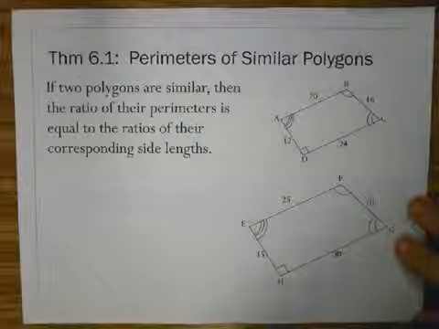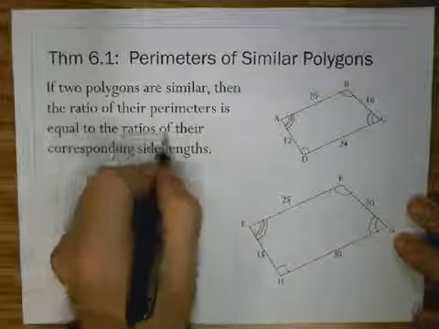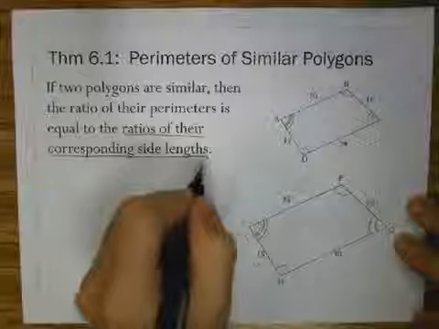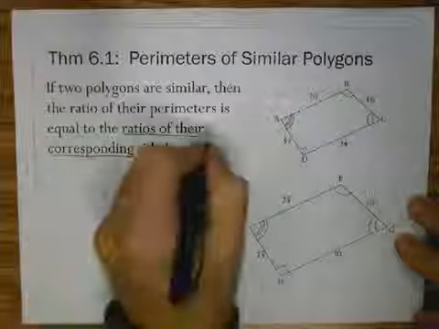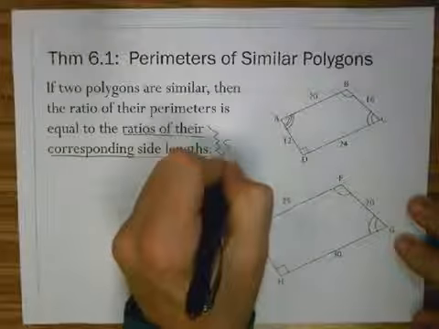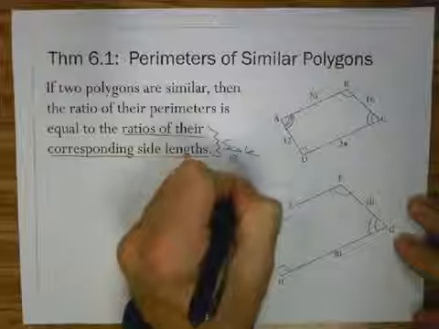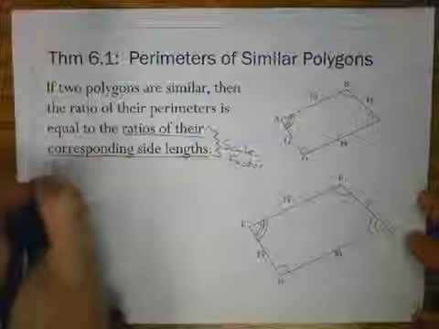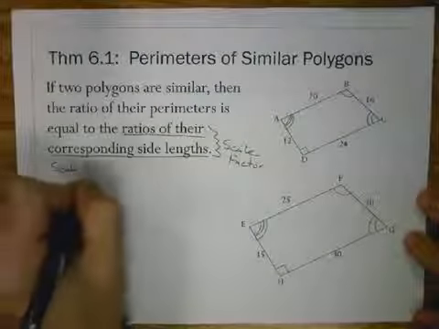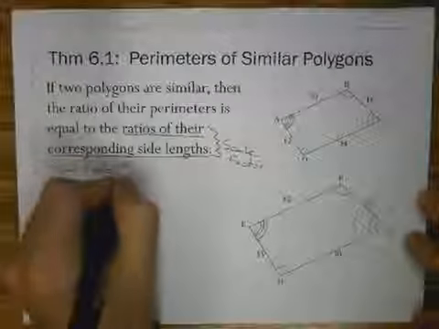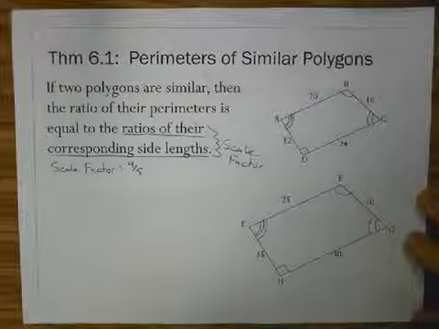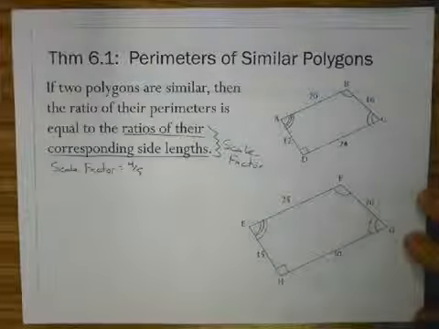So we're going to keep that idea with scale factor. We have a couple more ideas to mention here. So first I have perimeters of similar polygons. Again, I have my same polygons, A, B, C, D, E, F, G, H. And earlier, well, let's read it first. If the two polygons are similar, then the ratio of their perimeters is equal to the ratios of their corresponding side lengths.